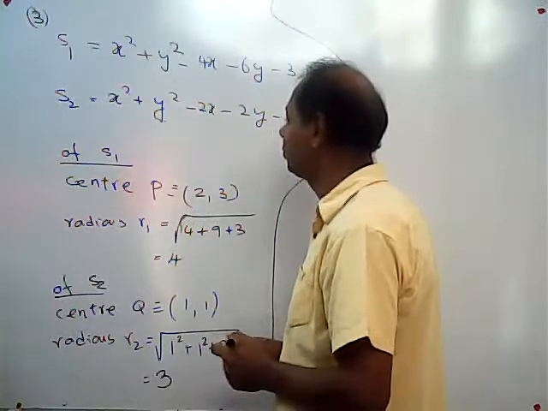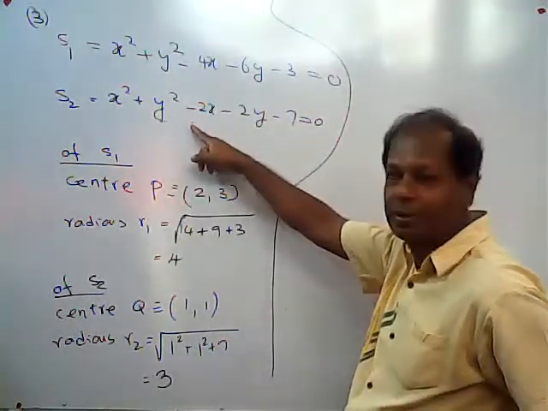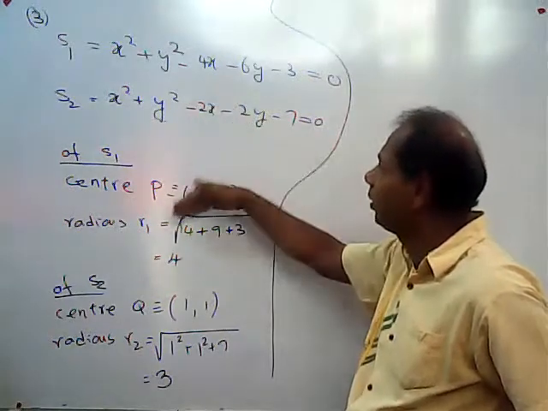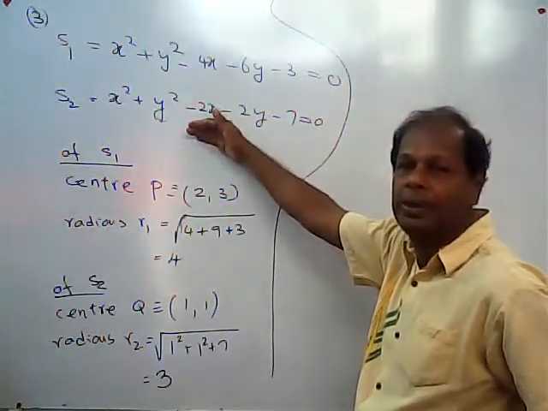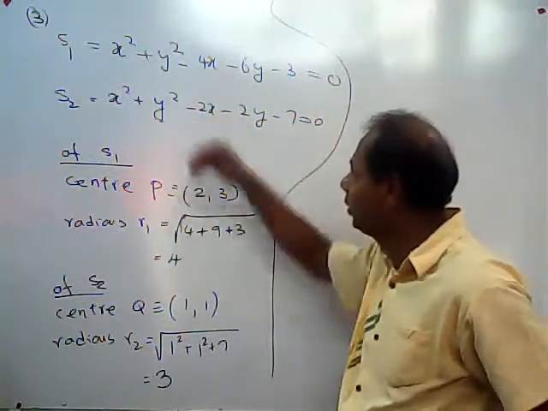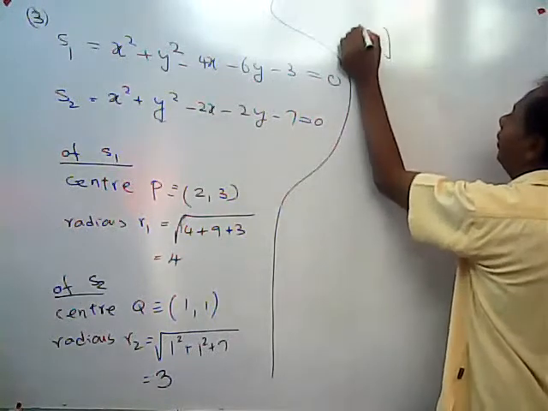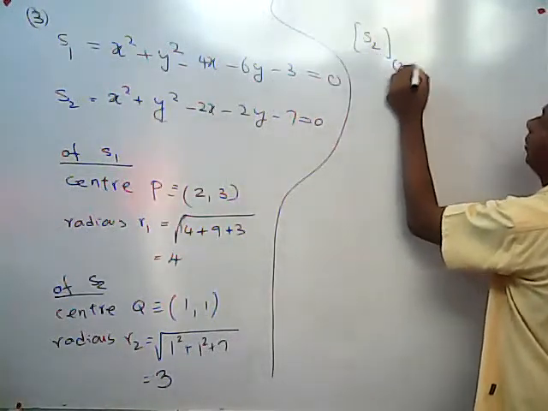First you have to show that the center P lies inside S2. It's easy. You just substitute this point in the equation and it has to be less than 0, right? In S2, let's substitute (2, 3).